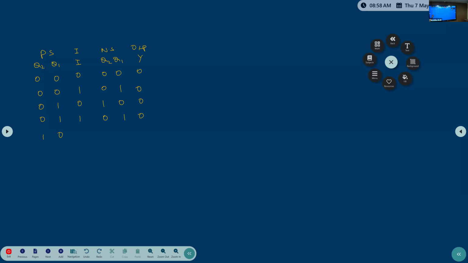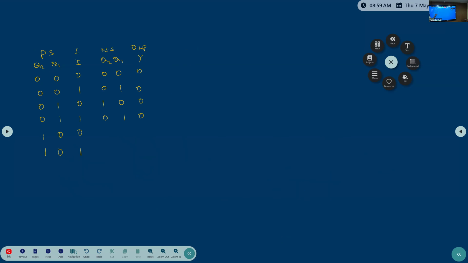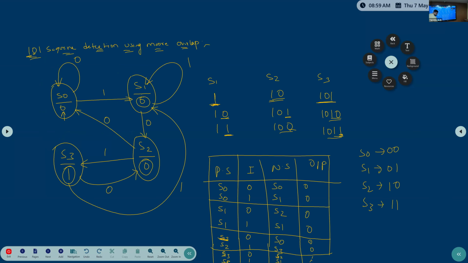1 0, after that 0, it will be 0 0. See, 1 0 means S2.